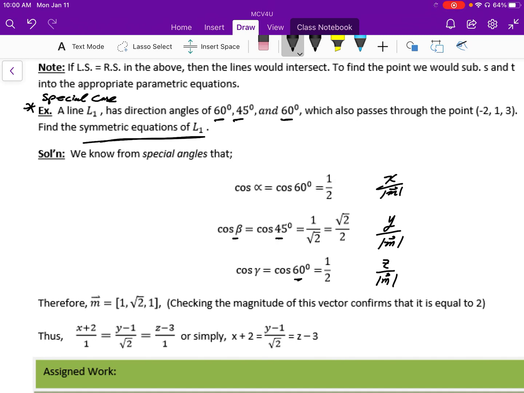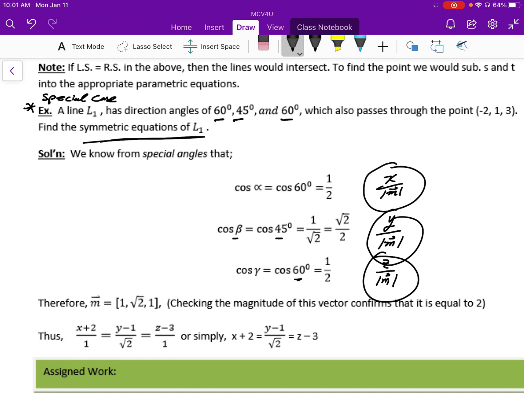What's special to note on this one is that the direction cosines are these, where we have the components on top with the magnitude of the direction vector on the bottom.